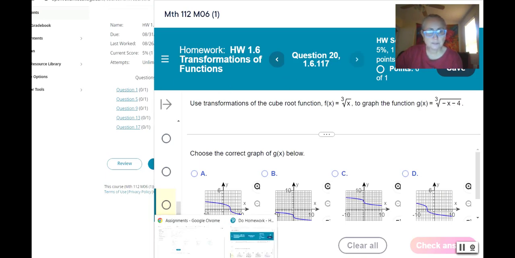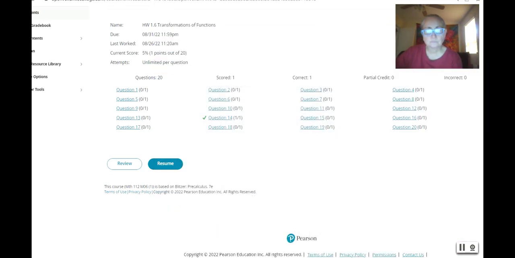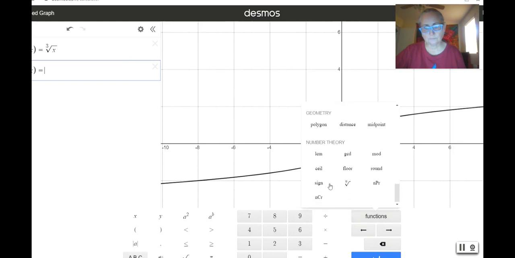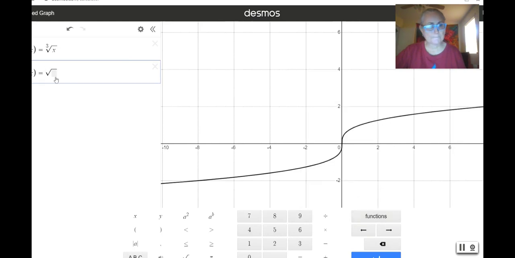So let's see. Let's do the horizontal shift first, because we'll always go horizontal, reflect, and stretch or shrink, okay, and then vertical. So the horizontal is the -4 part.